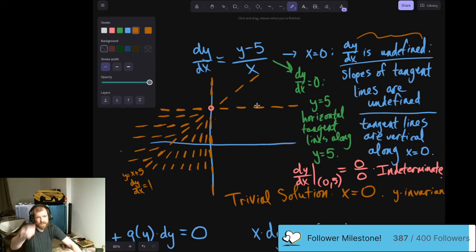So this is the central point, and then coming out from that, we're going to have these different values. Okay, what do we have? Well, this is all y values that are less than 5. So our y value here is less than 5, which means that y minus 5 is going to be a negative value, right? y minus 5 is negative down here.